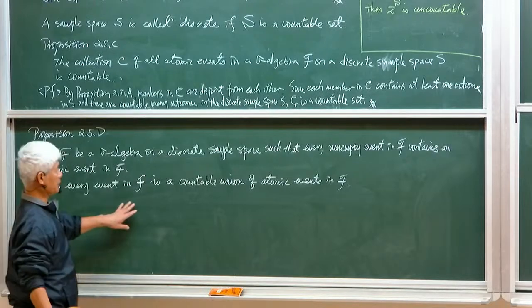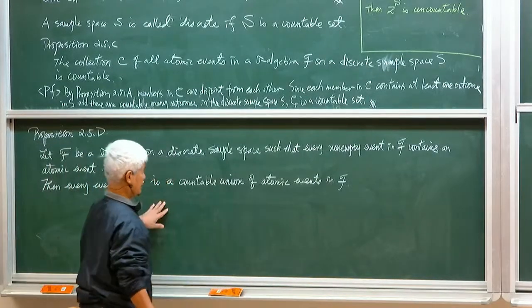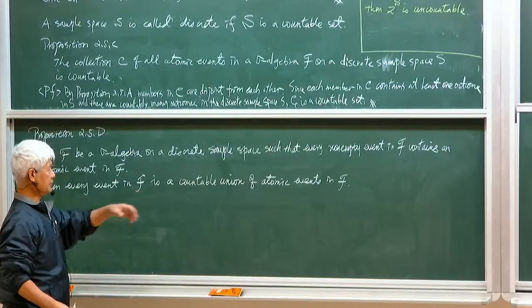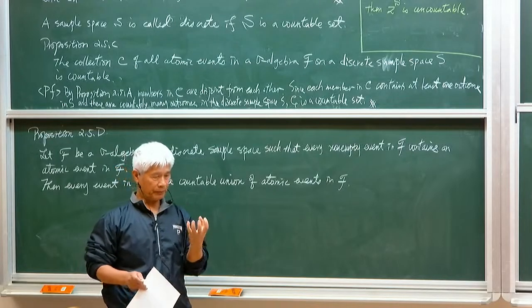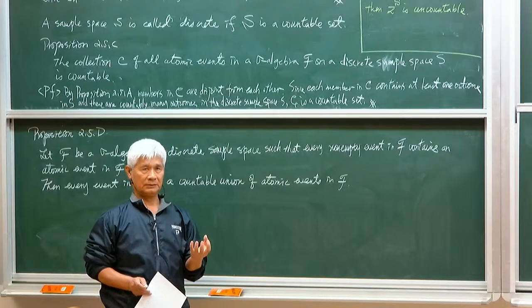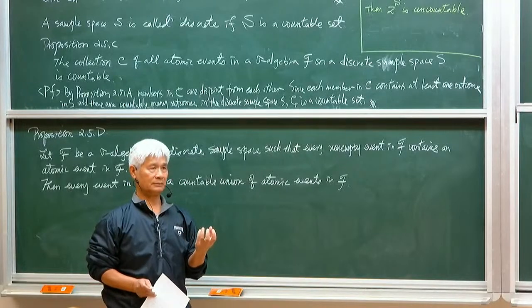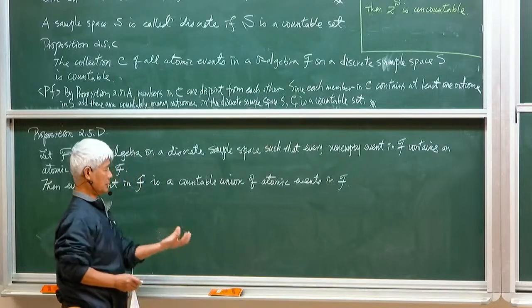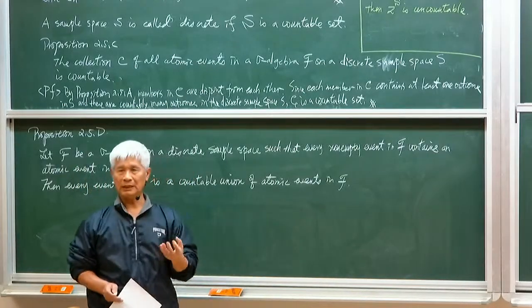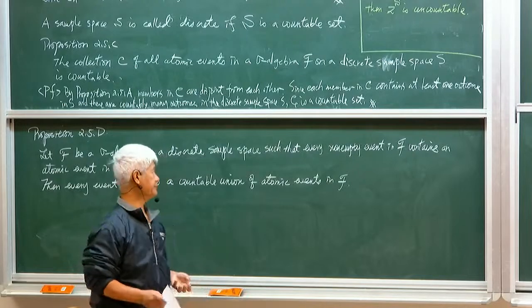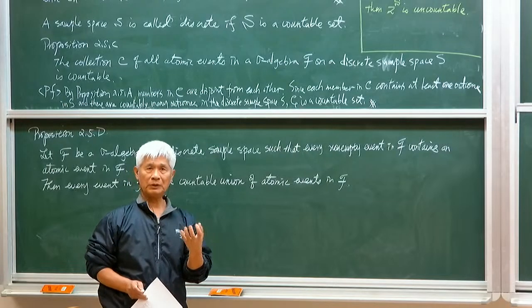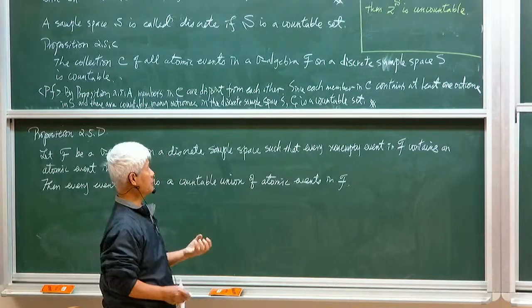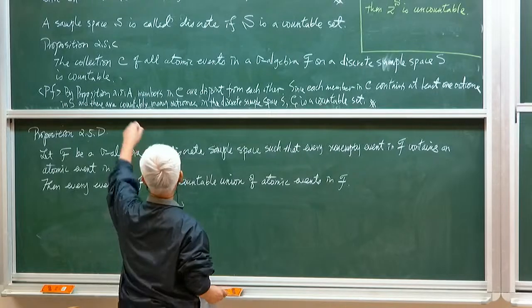So this is the reason why we consider atomic events, because every event in F is a countable union of atomic events. In that case, atomic events become the building blocks of every event. We can build up all possible events from atomic events, and we have only countably many building blocks, as we described in these propositions here.